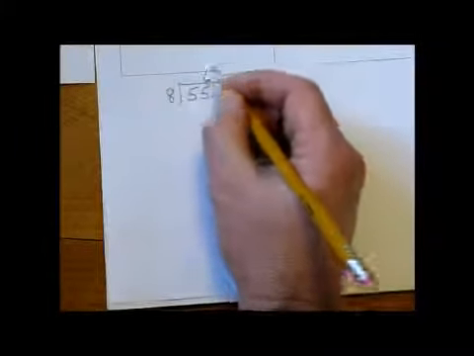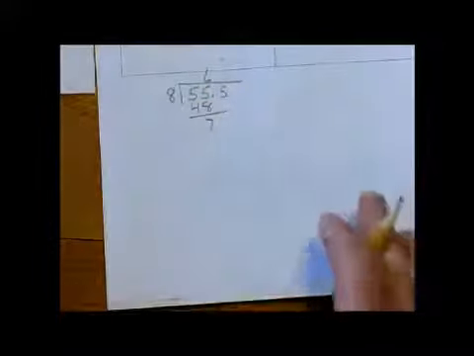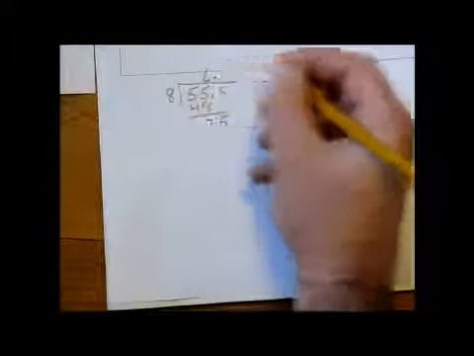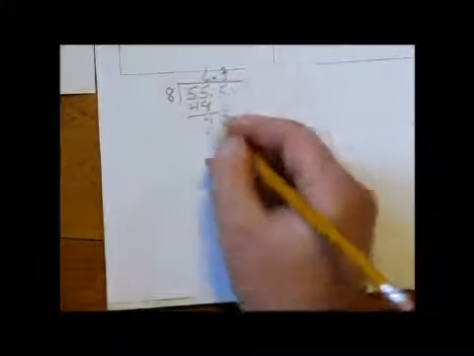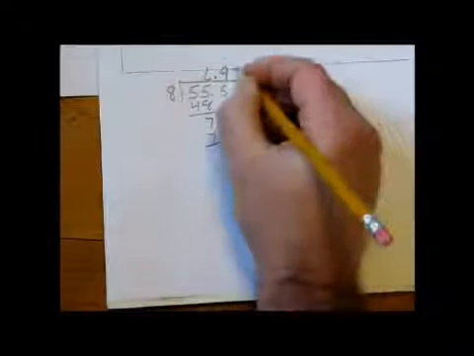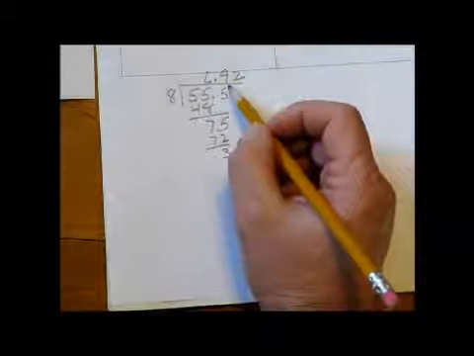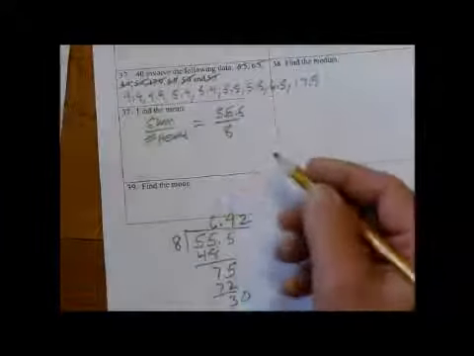It goes in there 6, and we go 48, and then we go 7, and 5 decimals there, and 8 goes into 75 9 times, and 72, and then we get 30, that goes in there twice. I'm going to stop there and just round to 6.9, because all my data is to the nearest tenth. So if we go back up to the data, it's all to the nearest tenth.